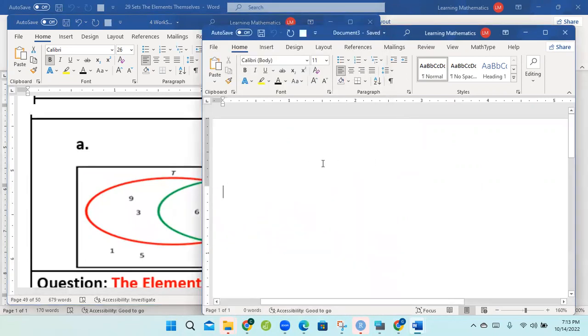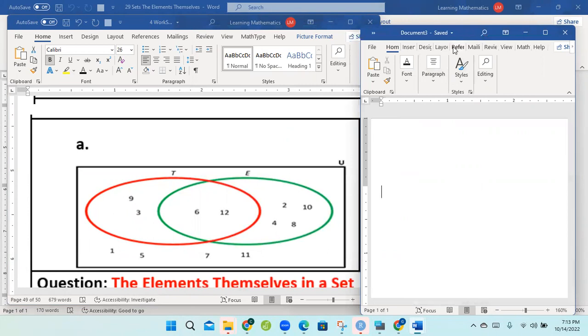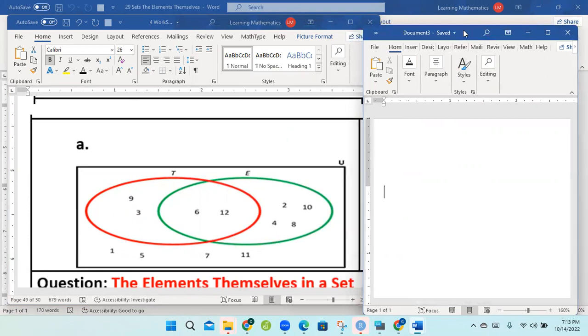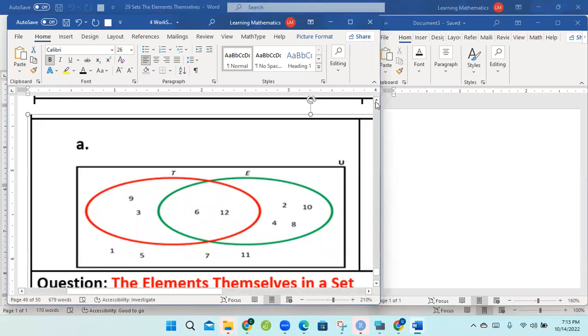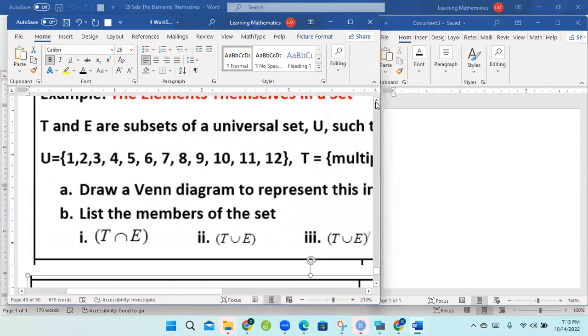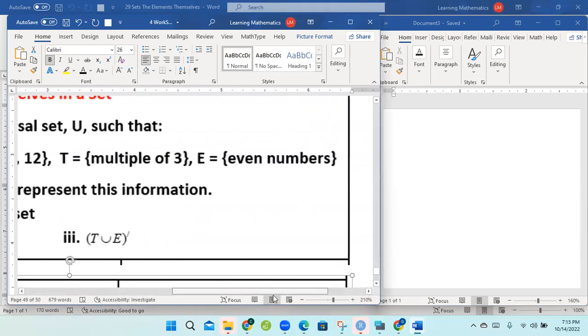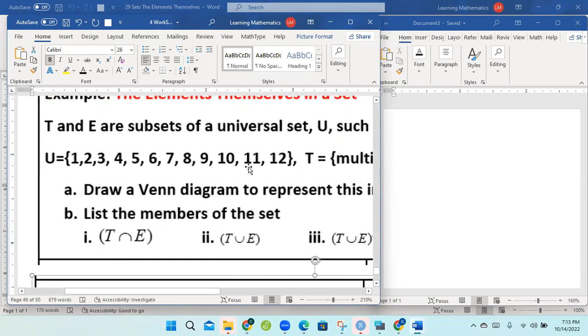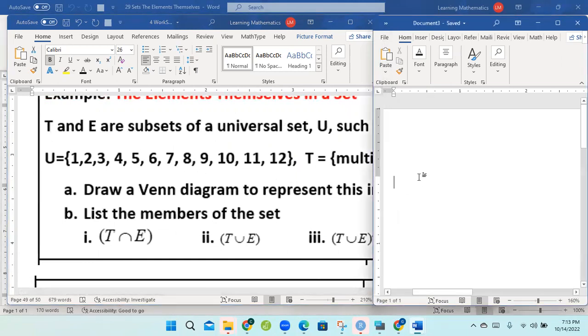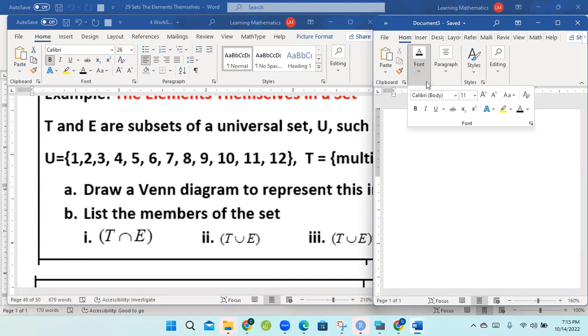So here we are going to list the multiples of 3 and the even numbers, talking about numbers from 1 to 12. Just a reminder: T is for multiples of 3, E is for even numbers, and the universal set is numbers from 1 to 12. From the universal set, we're looking for T, multiples of 3.